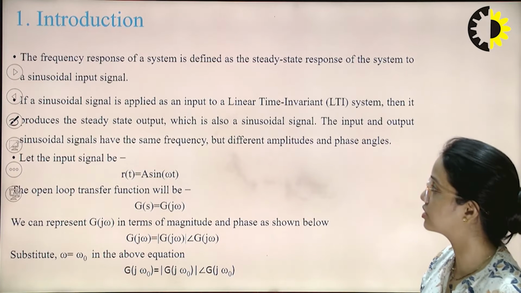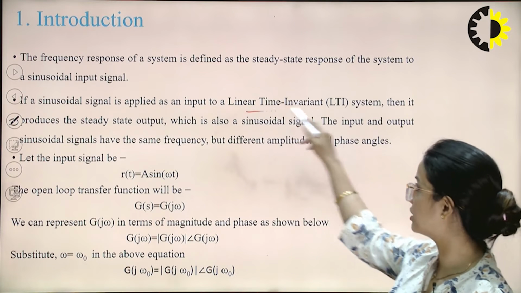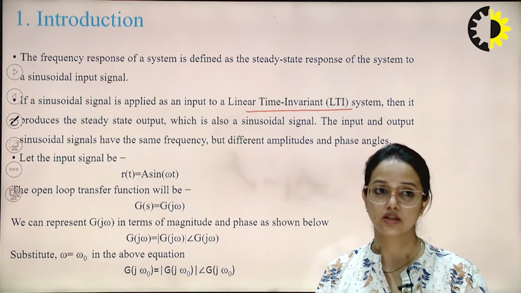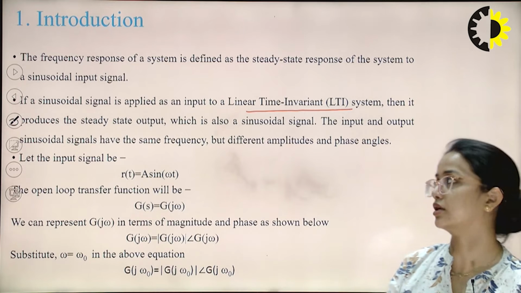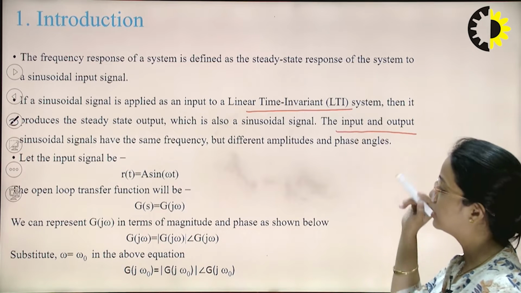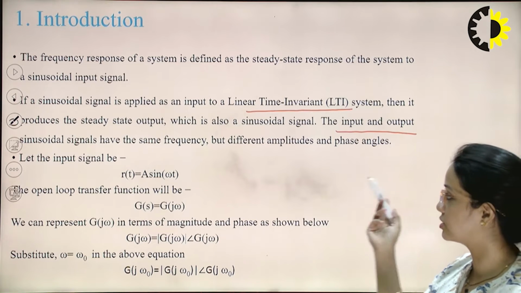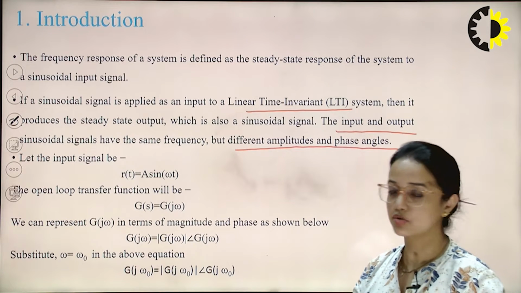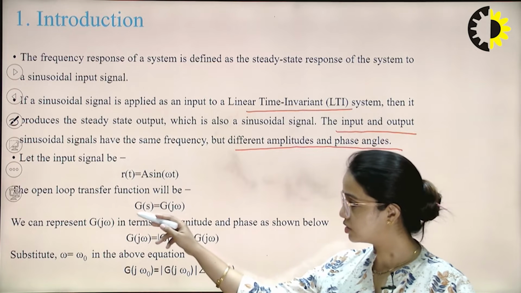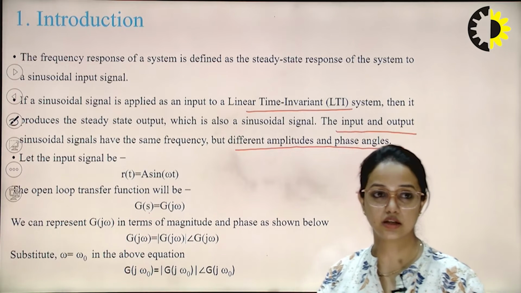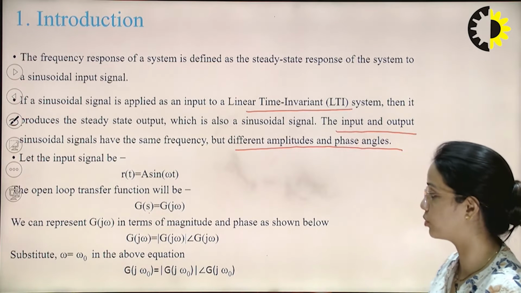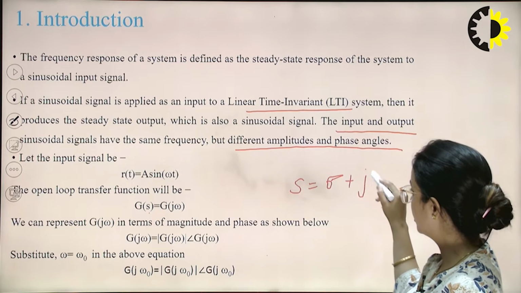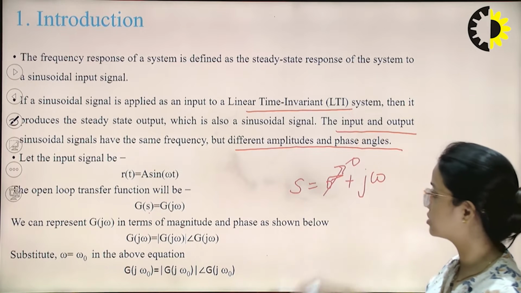If a sinusoidal signal is applied to the input of an LTI, linear time invariant, system, then it produces a steady state output which is also a sinusoidal signal. The input and the output sinusoidal signals have the same frequency but different amplitude and different phase. So we are substituting s as j omega, since s is equal to sigma plus j omega, and sigma is nothing but 0.